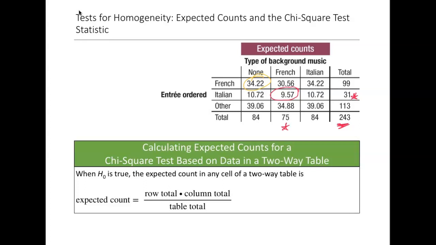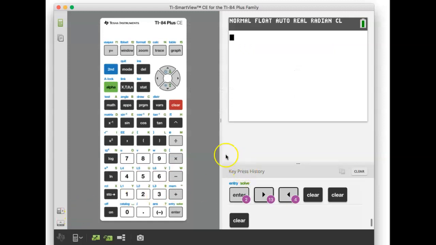Now, as I said, your calculator can do these for you, so let's practice how to do that right now. This is a new function in our calculator, the matrix function. It's second, and then the x inverse button right above x squared.